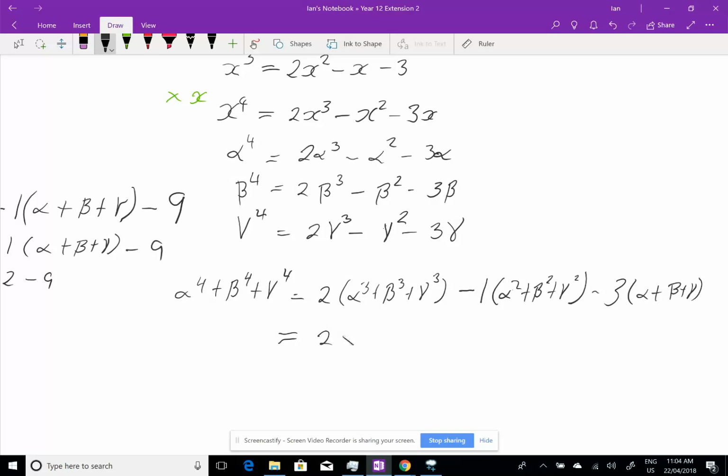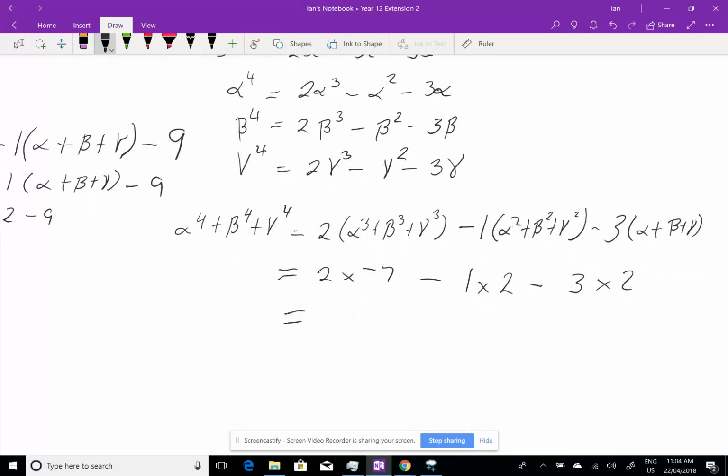So I get 2 times negative 7 minus 1 times 2 minus 3 times 2, which gives me negative 14 minus 2 minus 6, negative 22.